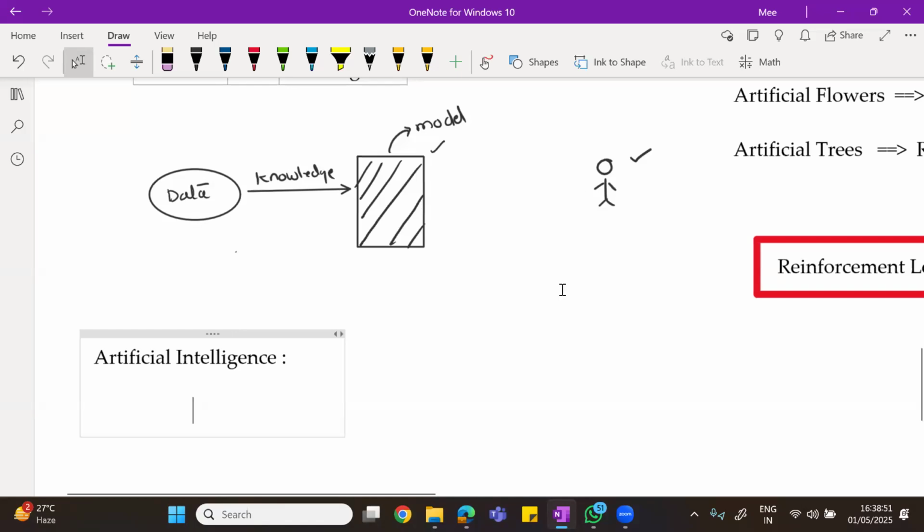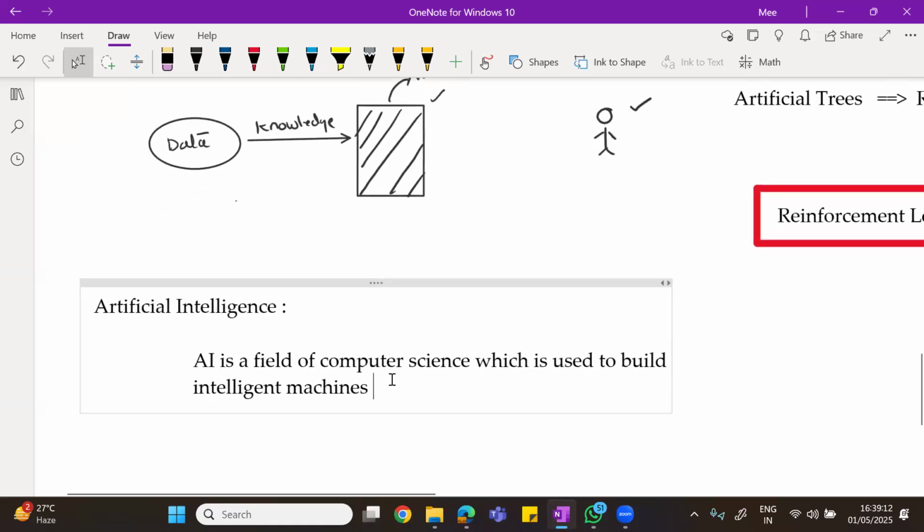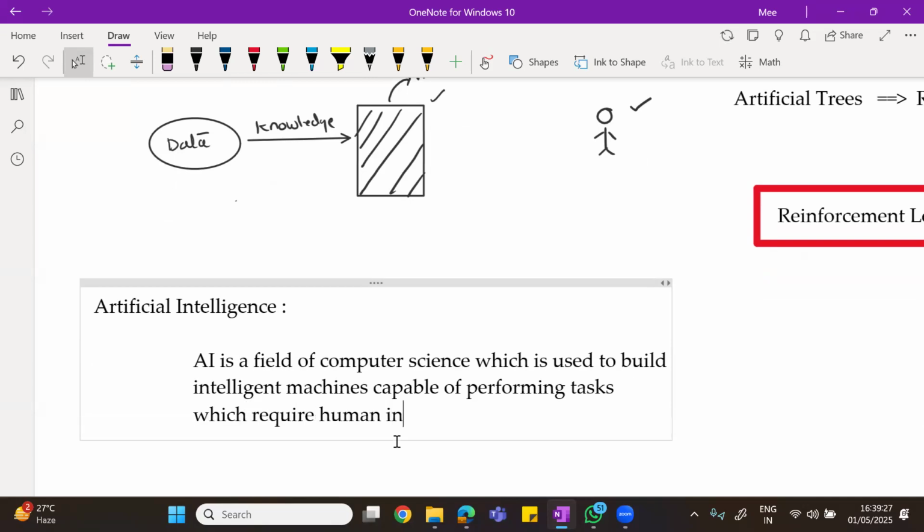So I will put it as: artificial intelligence is a field of computer science which is used to build intelligent machines. How are you building them? By passing on the data. Intelligent machines capable of performing tasks which require human intelligence.